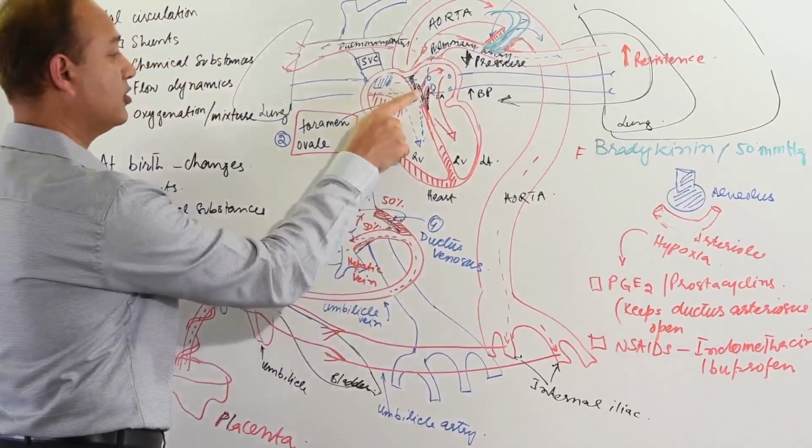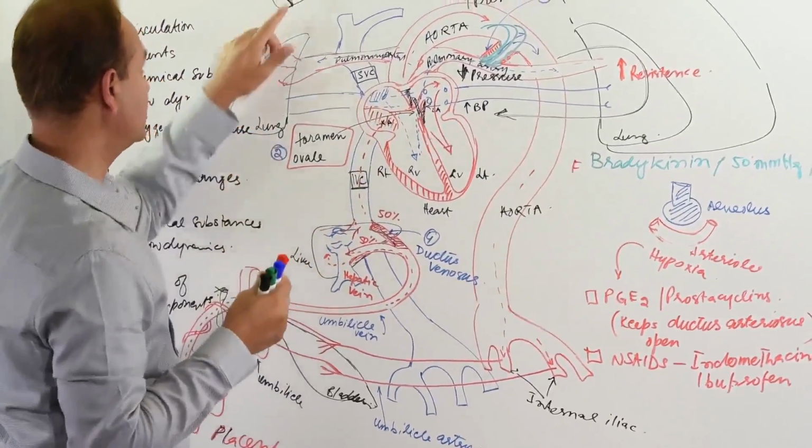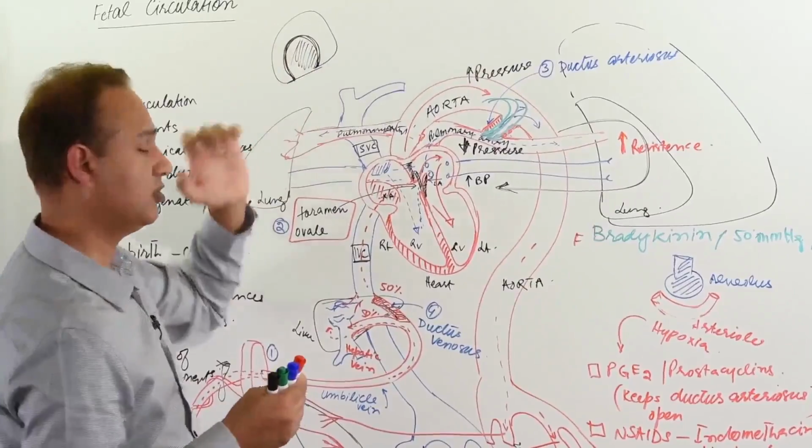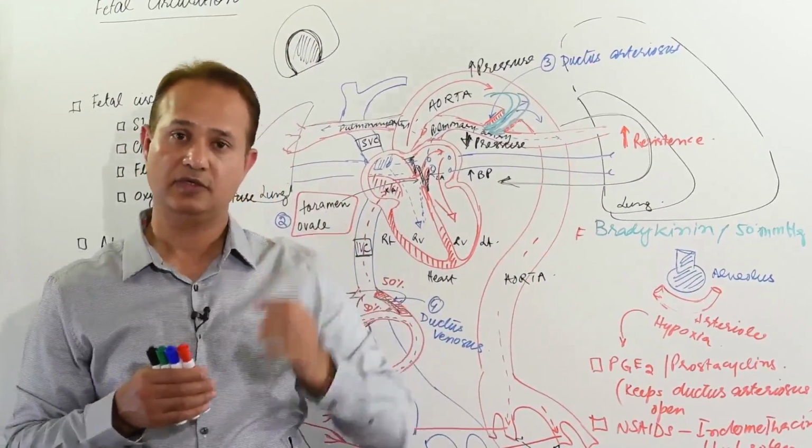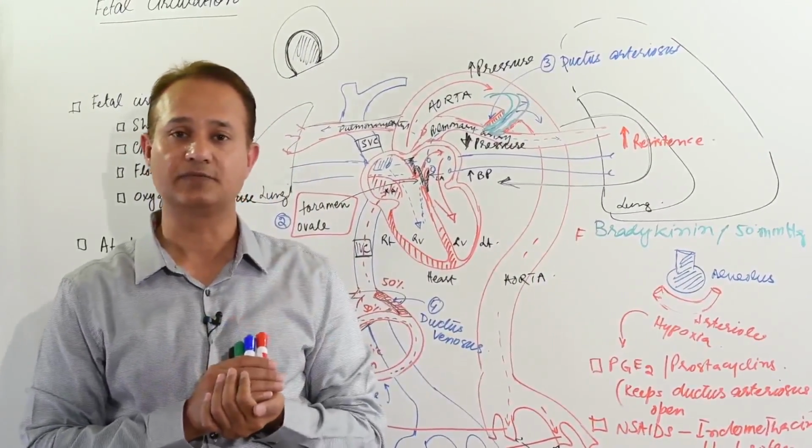The foramen ovale becomes the fossa ovalis. The floor is made by the septum primum, and the ridge or the corners is the septum secundum.